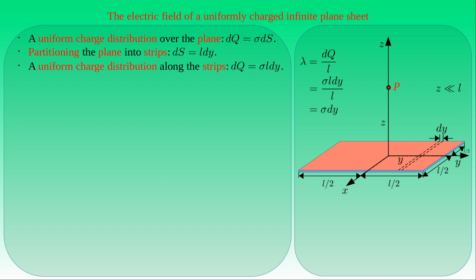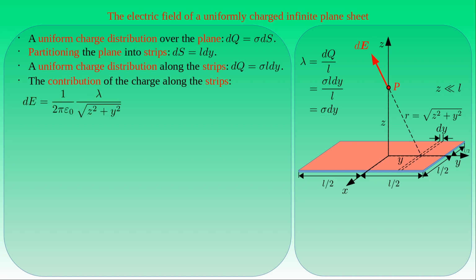Now we determine the electric field created by the infinitesimal charge which is uniformly distributed along a given strip at the distance y from the x-axis. Since the strip is very long compared to the distance r of the point P from the strip, we can apply the result obtained for a uniformly charged infinite line. Then the contribution dE of the charge element dq distributed along a line to the magnitude of the electric field is given by 1 over 2 pi times epsilon naught, times the ratio of the linear charge density lambda to the distance r.